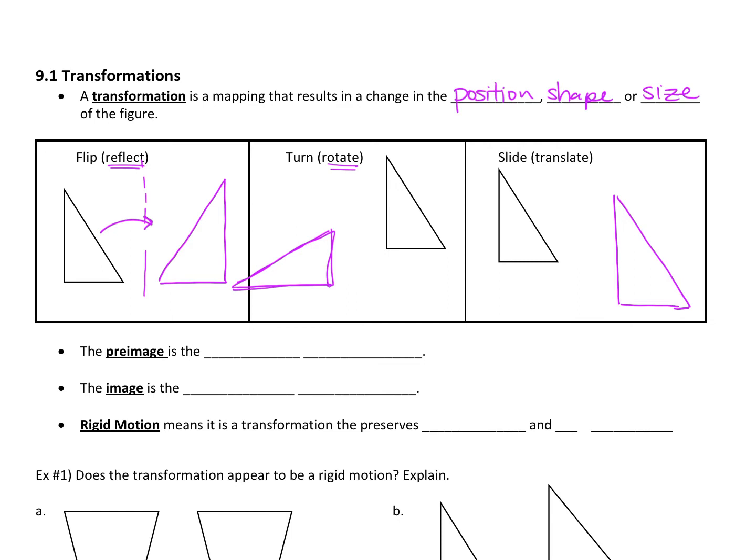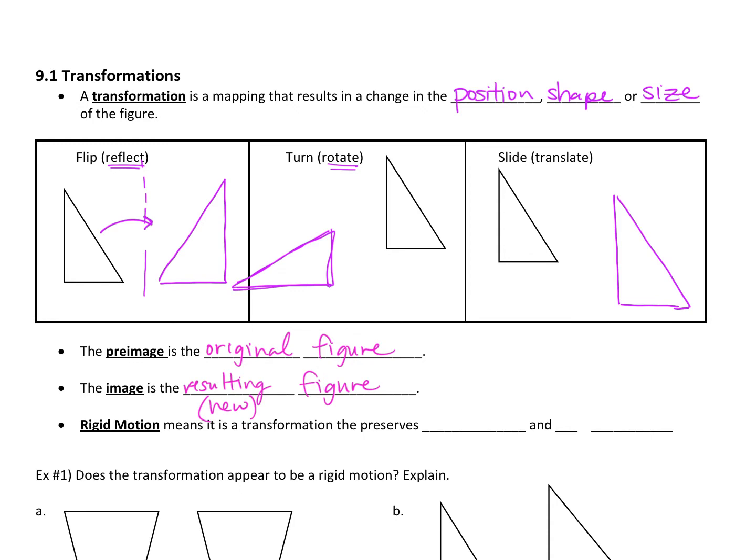The pre-image is the one you started with, so it's the original figure. The image is your resulting figure, your new figure. I don't care if you call it the new figure, that's fine. So you start with the pre-image, you end at the image.